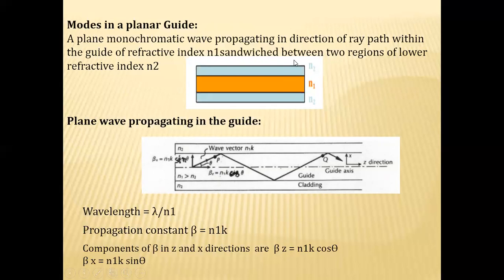Now consider a plane monochromatic wave propagating in the direction of the ray path within the guide, shown in this figure.